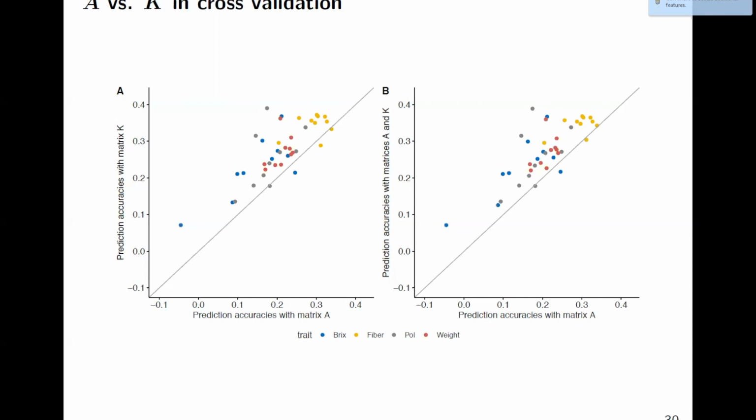The difference between this plot and that one is that I include the previous result with markers and pedigree and compare it with only the pedigree. They look very similar, which means that what's driving the increase in accuracy is the prediction from the markers.